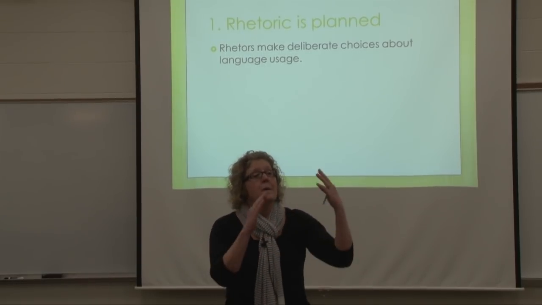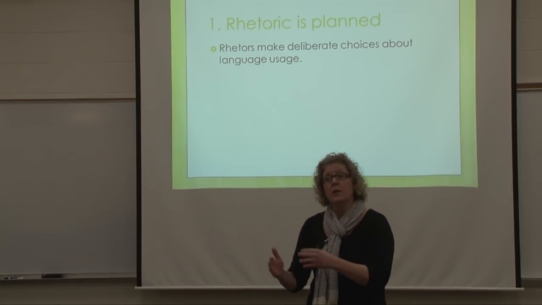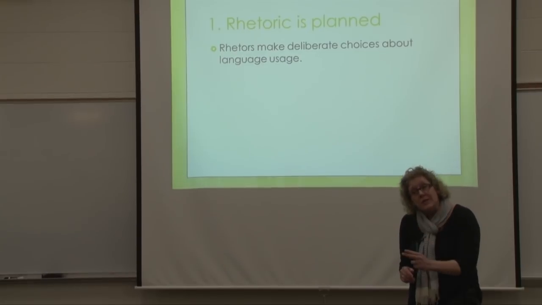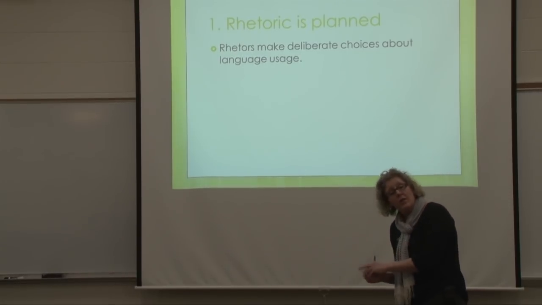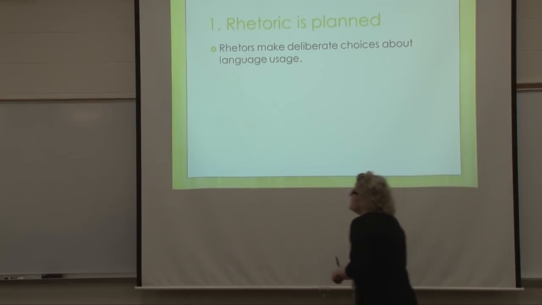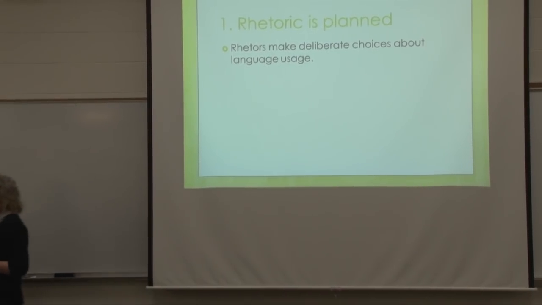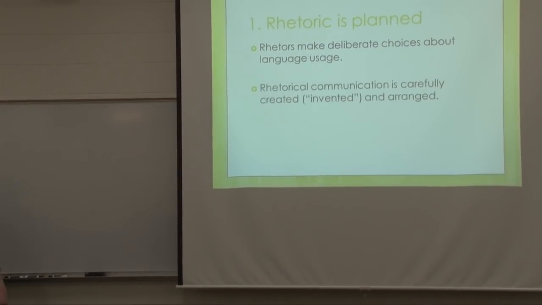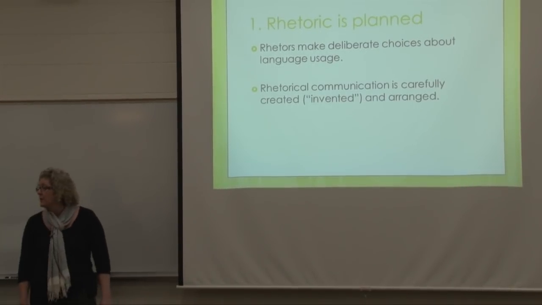You as a writer need to make choices, deliberate, effective choices. As a reader, you need to understand the choices that other writers have made. That's critical reading. So rhetoric is planned. So if something is very deliberate and intentional, it's within the realm of rhetoric.